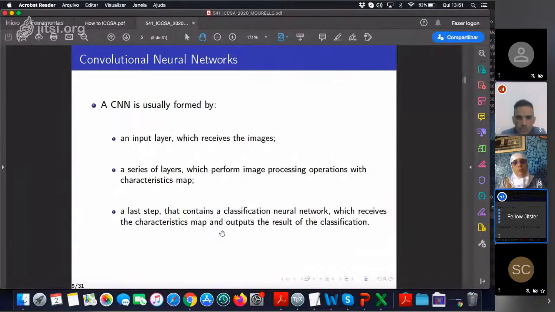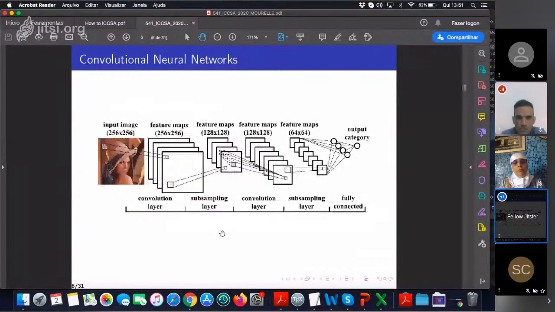This figure is a common one, very used to address the concept of convolutional neural networks. So you have the input image, the feature maps that are constructed along the process due to convolutional operations. And finally, the last step is a fully connected network, which provides the result of the classification.